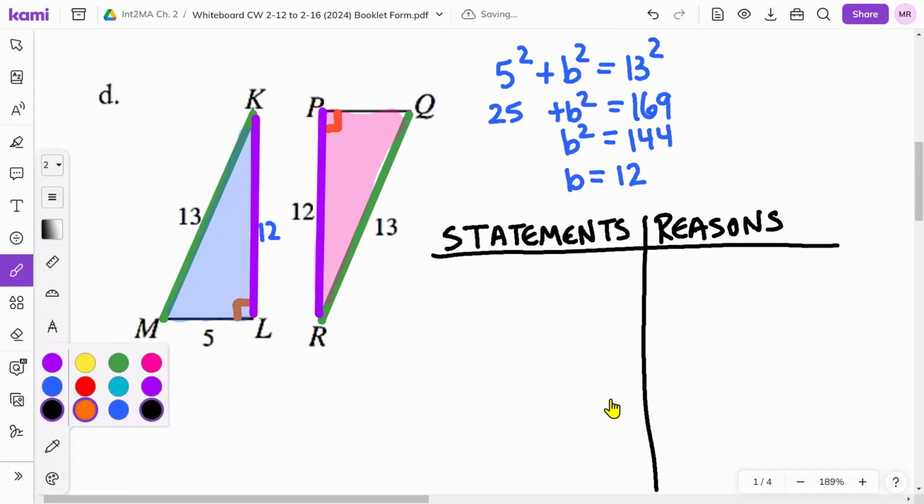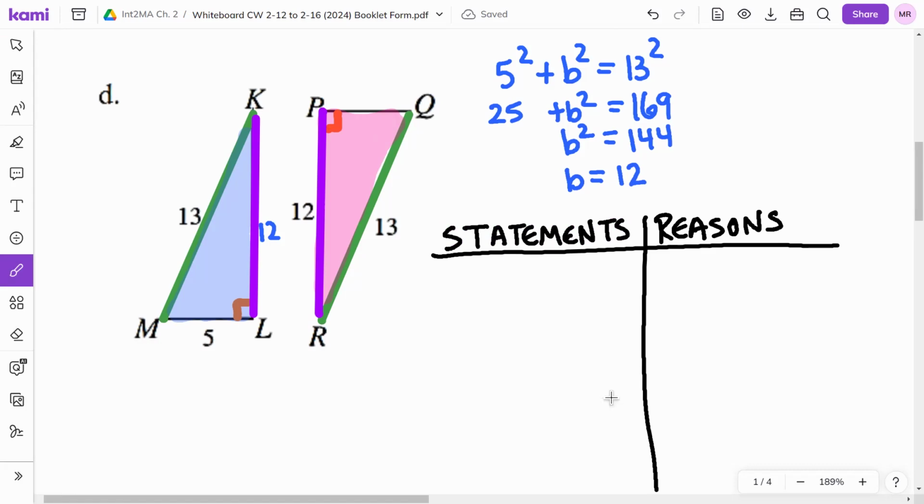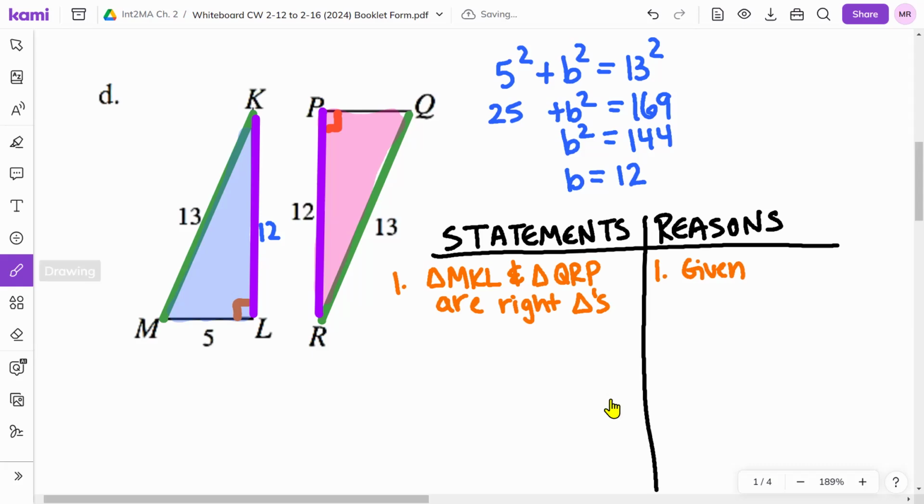First thing I'm going to say, triangle, let's say I call it MKL, and triangle QRP, are right triangles. Number 1, given. Okay, number 2.